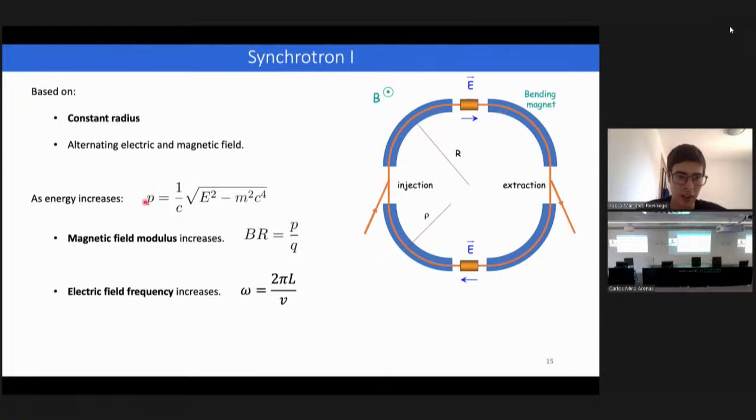And you can see that as the particle's energy increases, which is this E over here, the linear momentum of the particle will increase too. So I will have to increase the modulus of the magnetic field as the linear momentum increases, and also we have to increase the frequency of this electric field over here, because the higher the particle's velocity, the lower the time that it will take to do one lap.